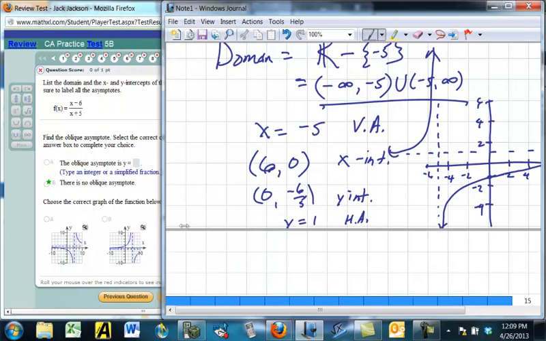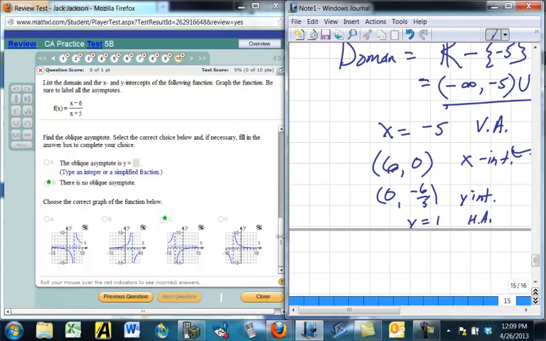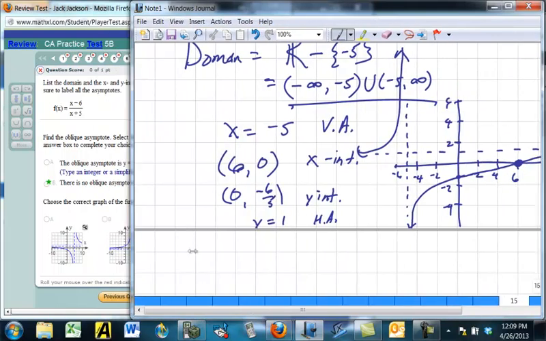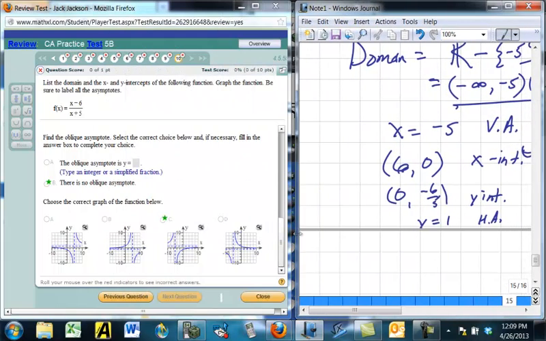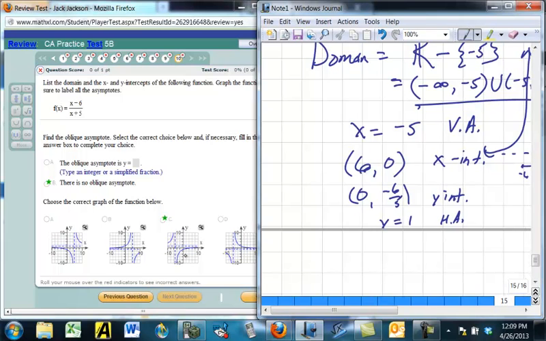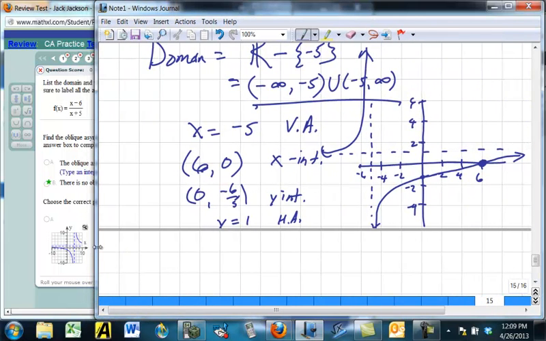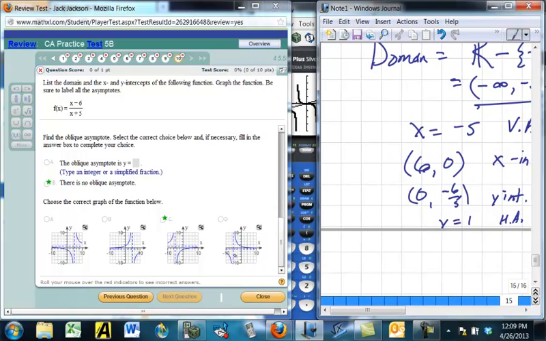Okay, so which one of those looks like that? There's a piece down here and a piece here. So the pieces are here and here. It's either this one or this one of these two. But where's the asymptote? The asymptote should be over here in the negatives for the vertical.